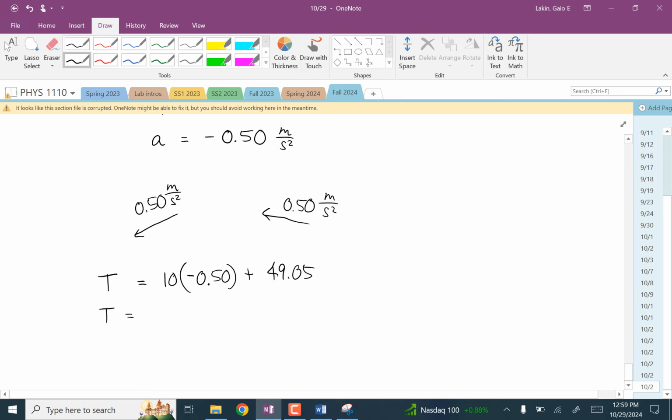And so that cable tension is 44.05. Any questions about that?